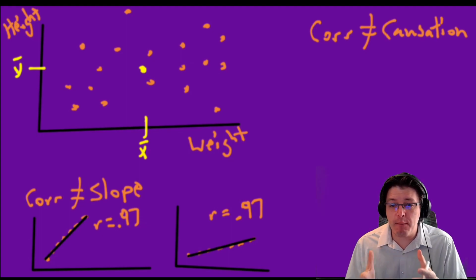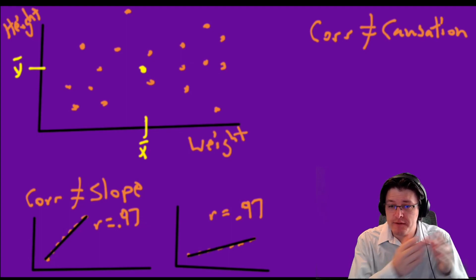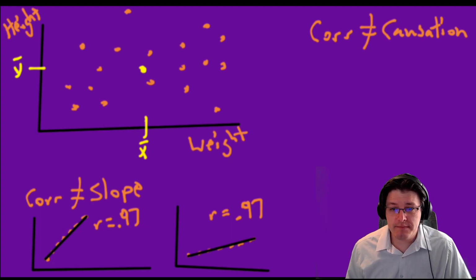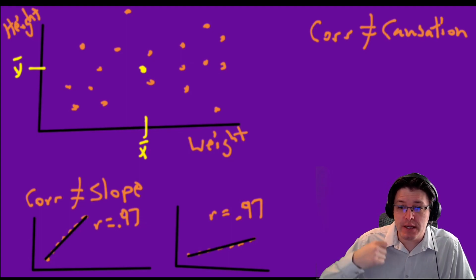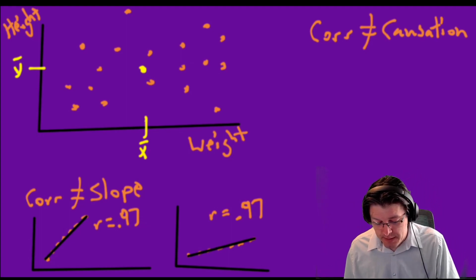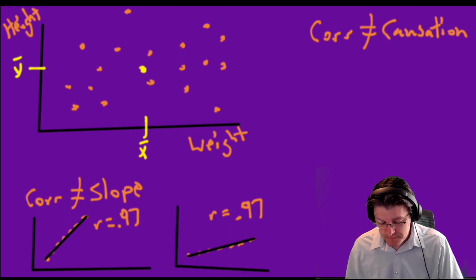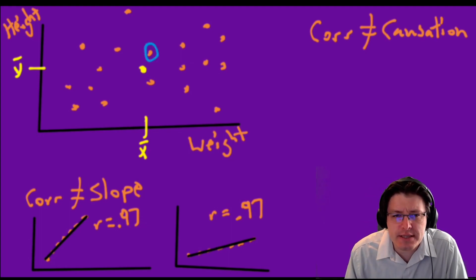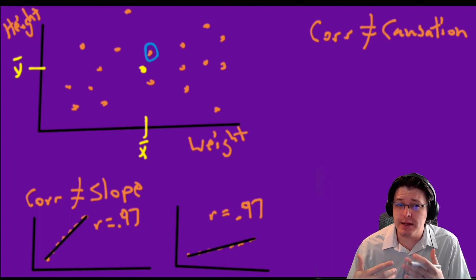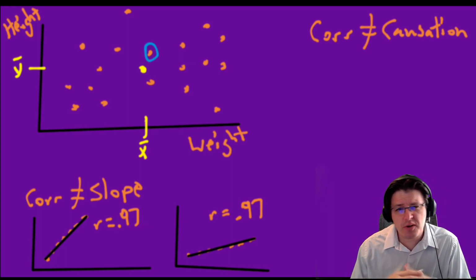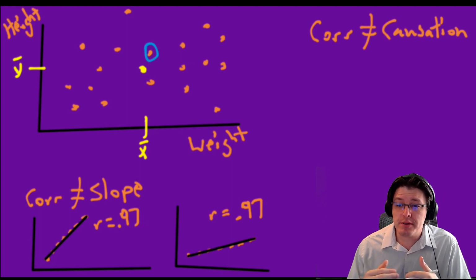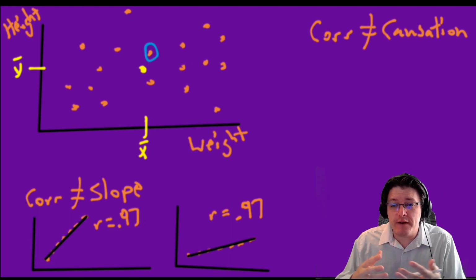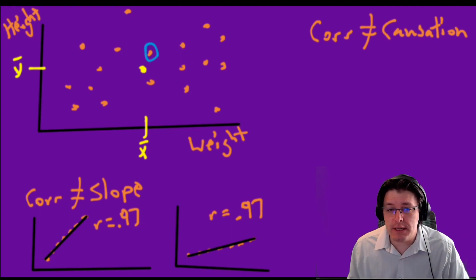So if one of our people is above the mean in weight as they move to the right, does that person tend to be above the mean in height? Okay, so for some of these people that is true. Okay, for instance, this person circled in blue appears to be slightly above the mean in weight, and also slightly above the mean in height. So that is indicative of the two variables moving together relative to the mean.